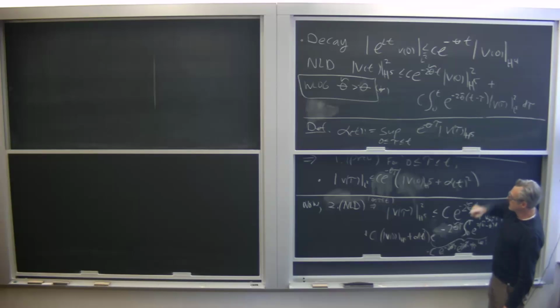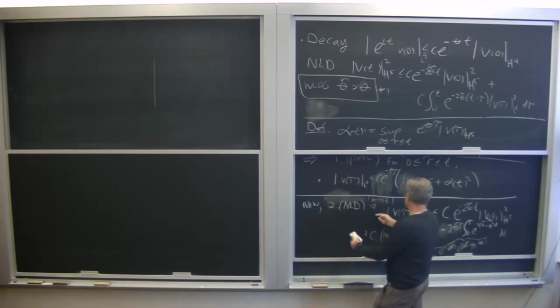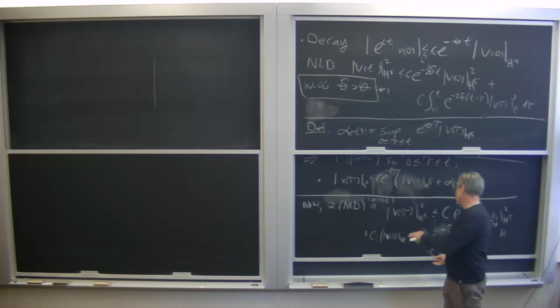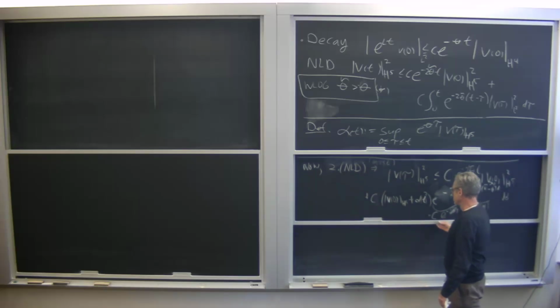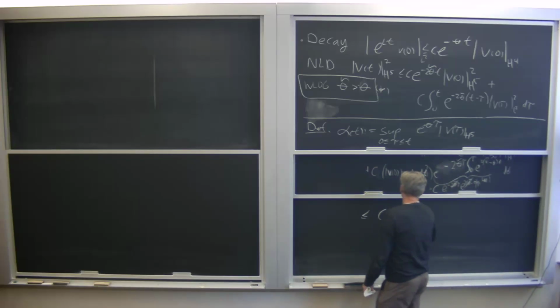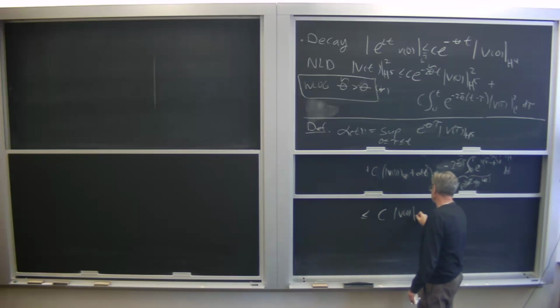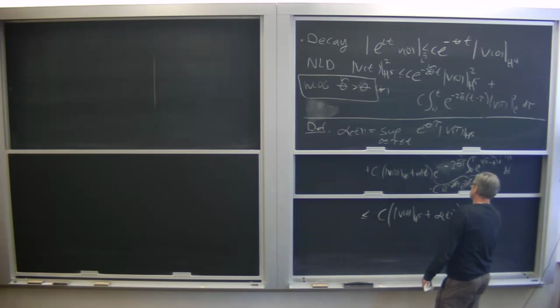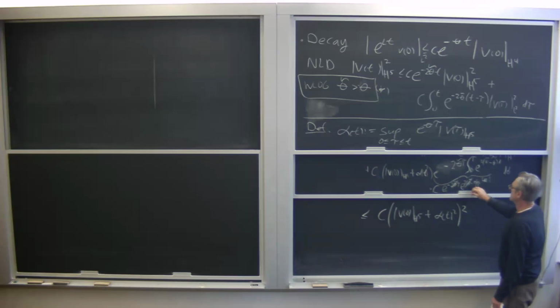So now when I multiply this estimate by alpha of tau, I want to do one more step. I want to say this is less than or equal to C times V naught H5 plus alpha of t squared. Did I write that correctly?